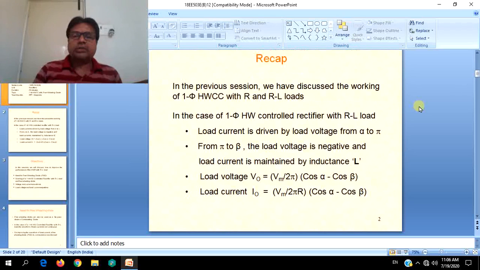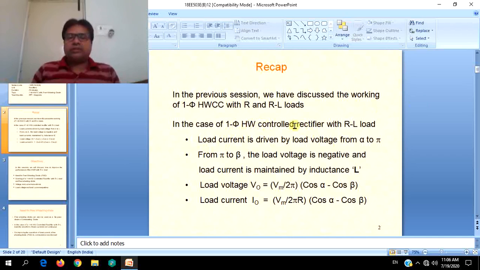That is in the case of single phase half wave controlled rectifier, particularly with RL load. These things are now going to be discussed in elaborate once again with regard to the problems with the waveforms, or particularly the discontinuity in the current flow and also the applied voltage.